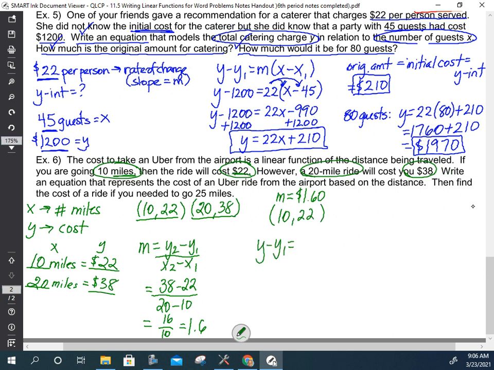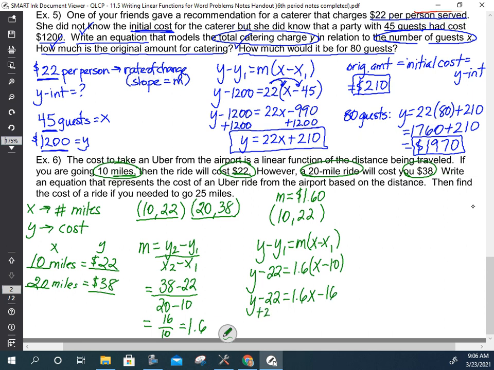to put in point-slope form. First y you don't touch, y minus 22 equals 1.6. First x you don't touch, x minus 10. You go ahead and distribute. So y minus 22 equals 1.6x minus 16.